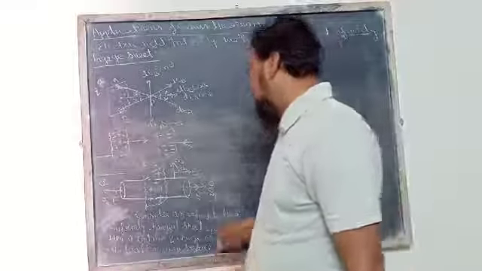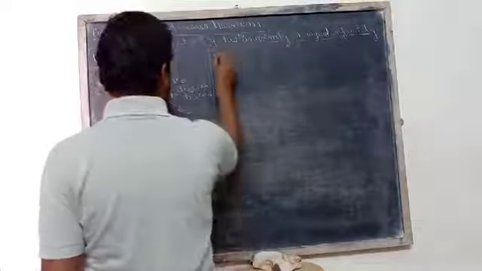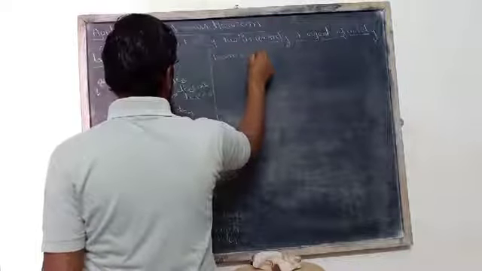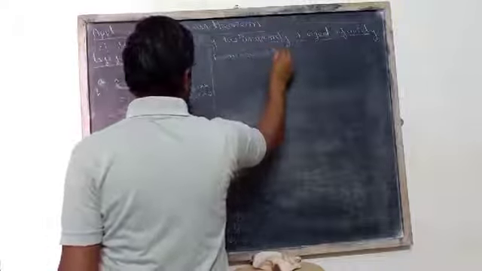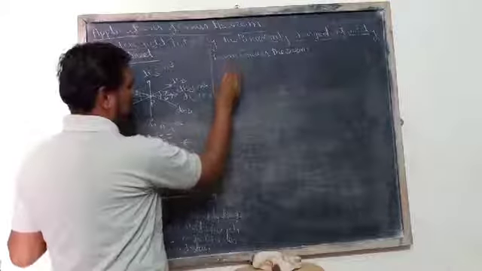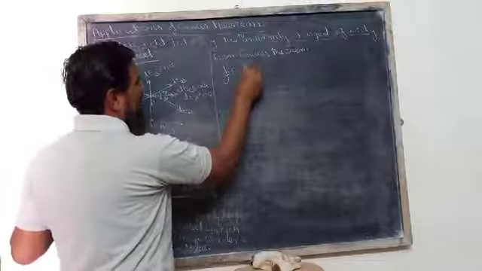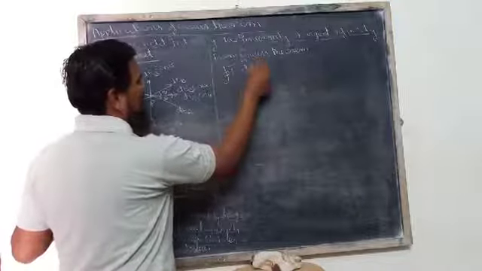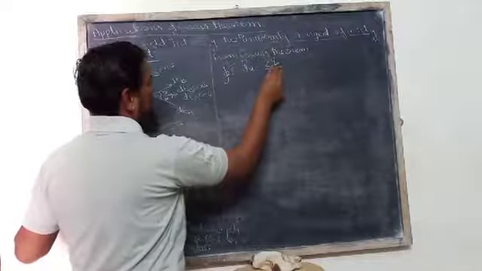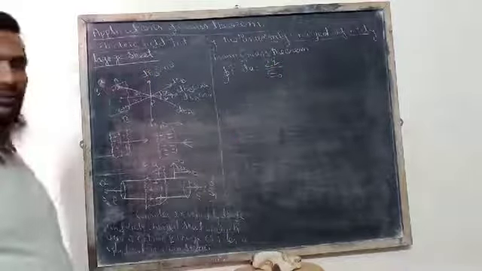So we apply the Gauss theorem. We know that the mathematical form of Gauss theorem is that the net outward electric flux is equal to the ratio of the summation of Q, meaning the algebraic sum of all charges, to the permittivity of vacuum.